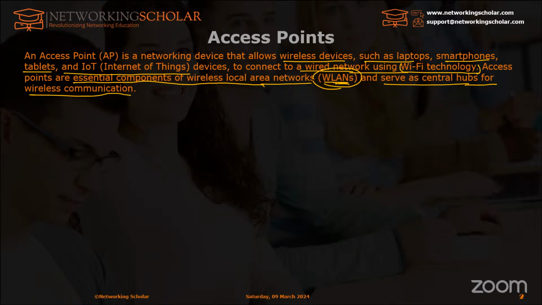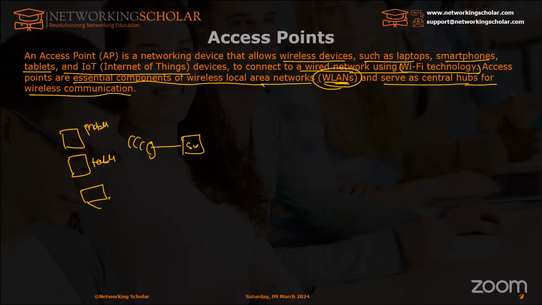Why is it called a wireless device, and why is it a wireless local area network? Suppose we have a switch with an access point connected, and we have multiple users with mobiles, tablets, and laptops. Everything can connect through Wi-Fi.